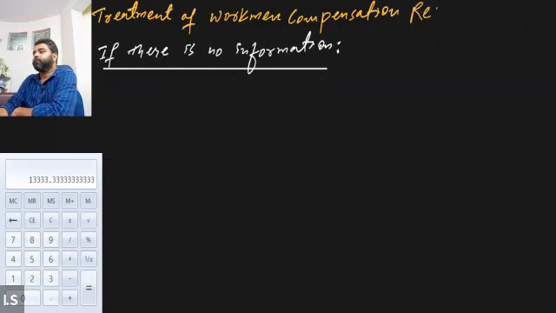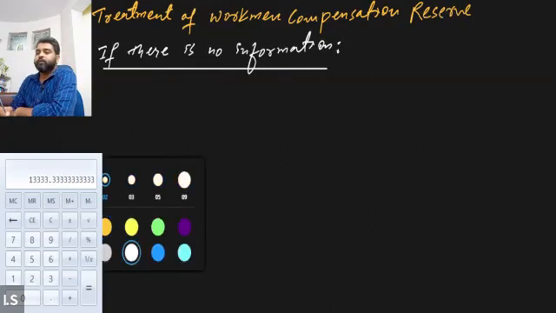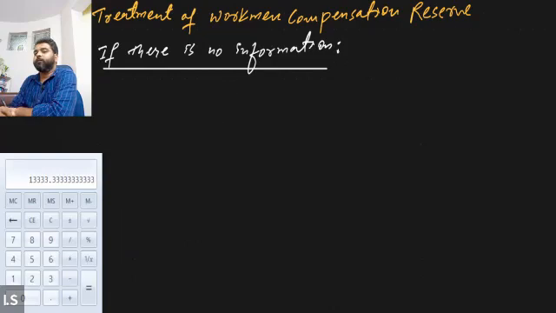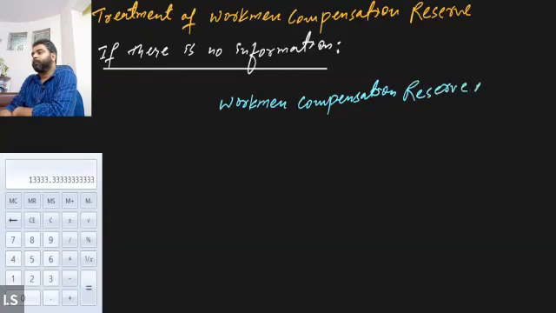Please write it down, everyone. So in this situation, when there is no information given to you in the question, the general entry will be workman compensation reserve account debit to partners' capital account.